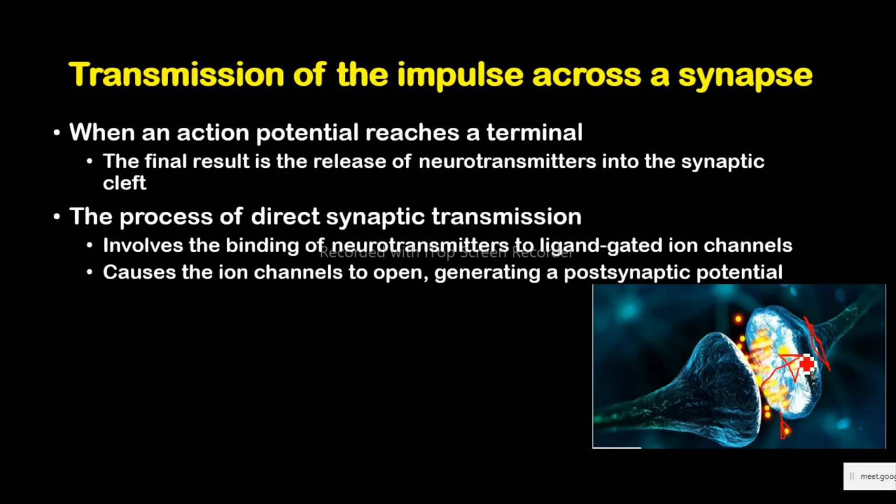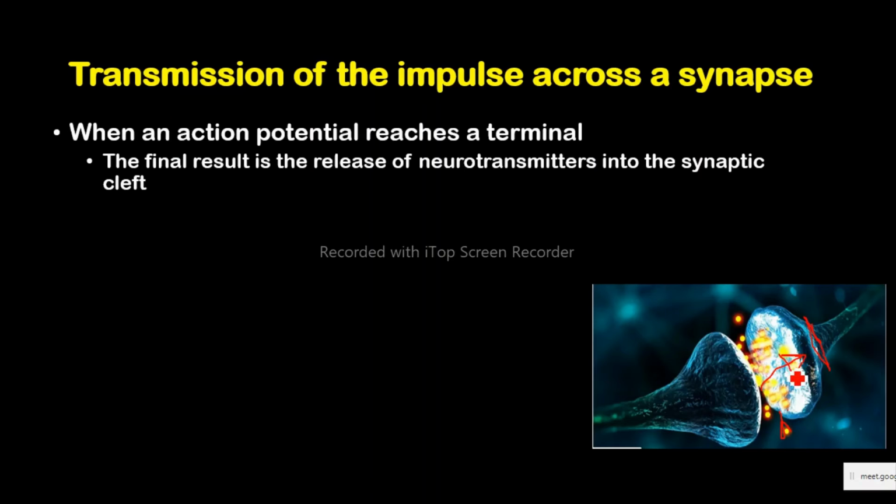When the calcium ions enter the presynaptic knob, a high concentration of calcium ions stimulates the vesicles to move towards the presynaptic membrane. When they reach there, they fuse and release acetylcholine, which is a neurotransmitter, by exocytosis. So that's why you say that on arrival of an impulse, the final result is the release of the neurotransmitter substance into the synaptic cleft.